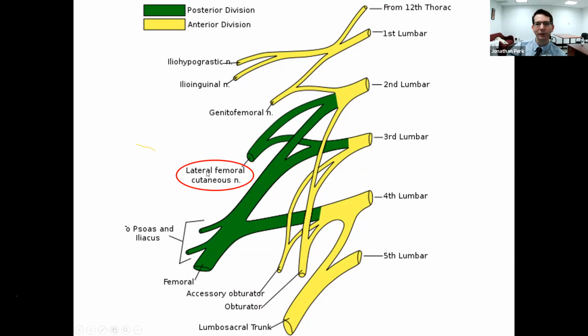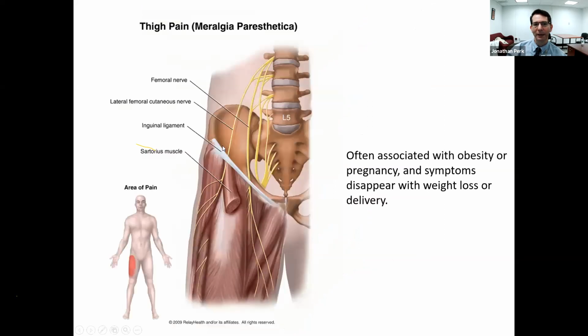So let's start with a sensory nerve, the lateral femoral cutaneous nerve. This is a very important nerve. You see it running here laterally, and it's a pure sensory nerve that runs under the inguinal ligament.